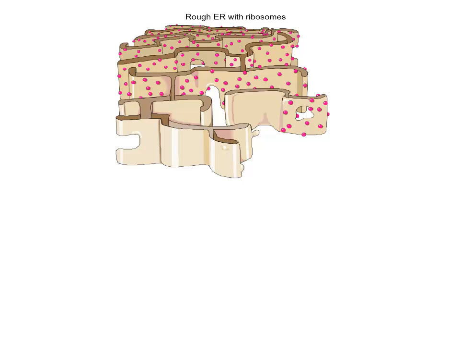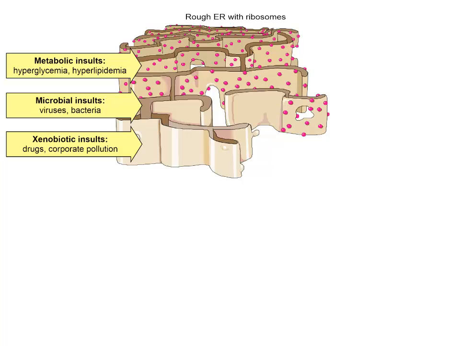And one of the insults that your endoplasmic reticulum can respond to is this large category of microbial insults. So when you hear people talk about endoplasmic reticulum stress, one of the things that should get triggered in your mind is that there could be a microbial component to this. Microbes trigger toll-like receptor 4.